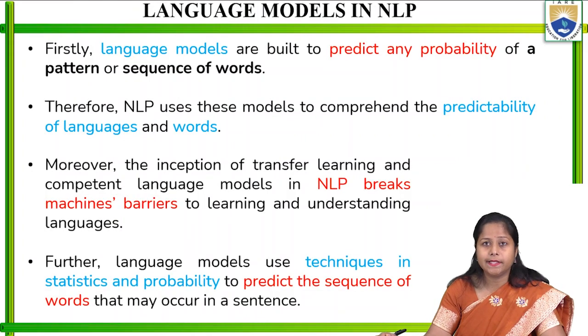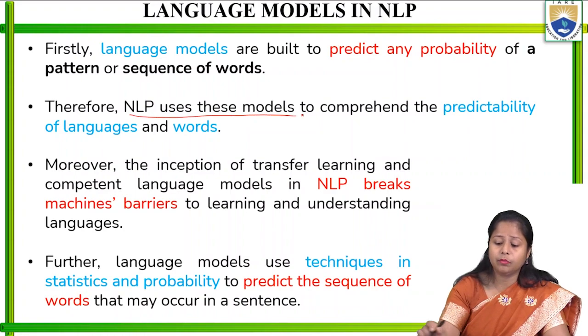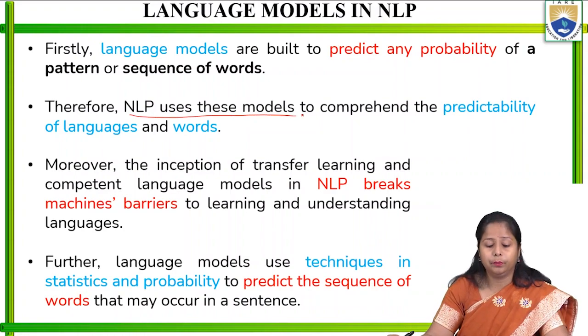So, language models in NLP. Firstly, language models are built to predict the probability of a pattern or sequence of words. Basically, the language model is used to process different sentences, the pattern and sequence of words, and what probability it is going to give for the next upcoming word. Therefore, NLP uses these models to comprehend the predictability of language and words.